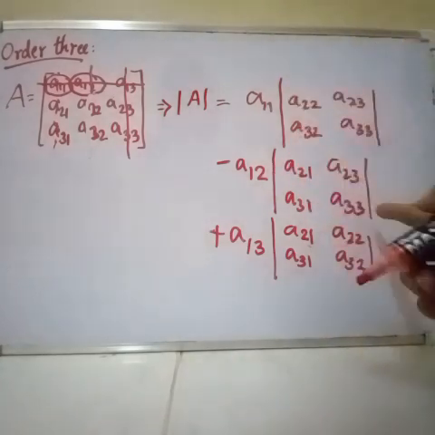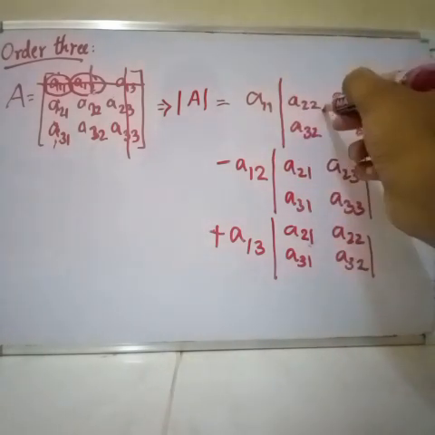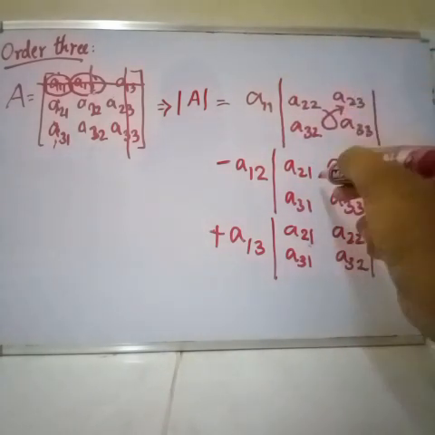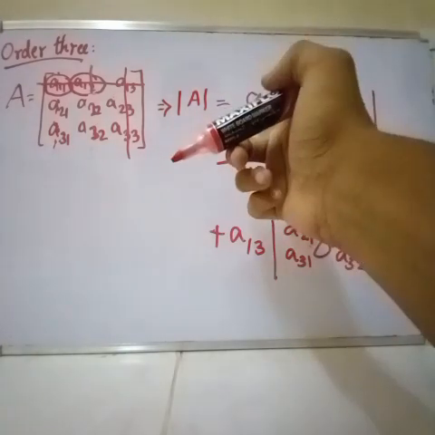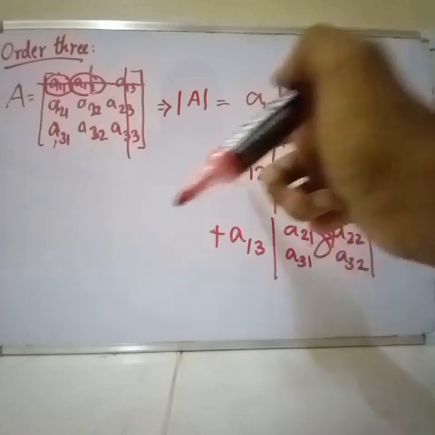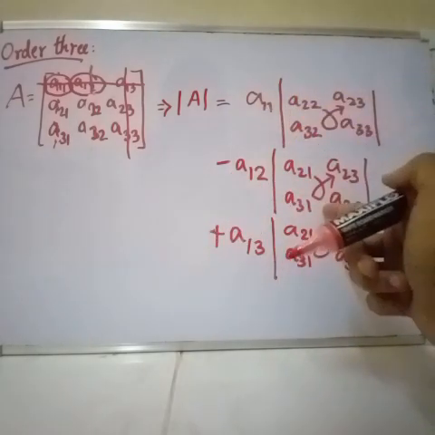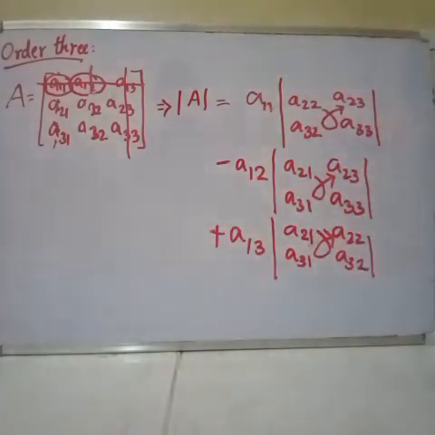Now just take the determinant of these elements. Then this has to be multiplied with this, minus this multiplied with this, and plus this multiplied with this.